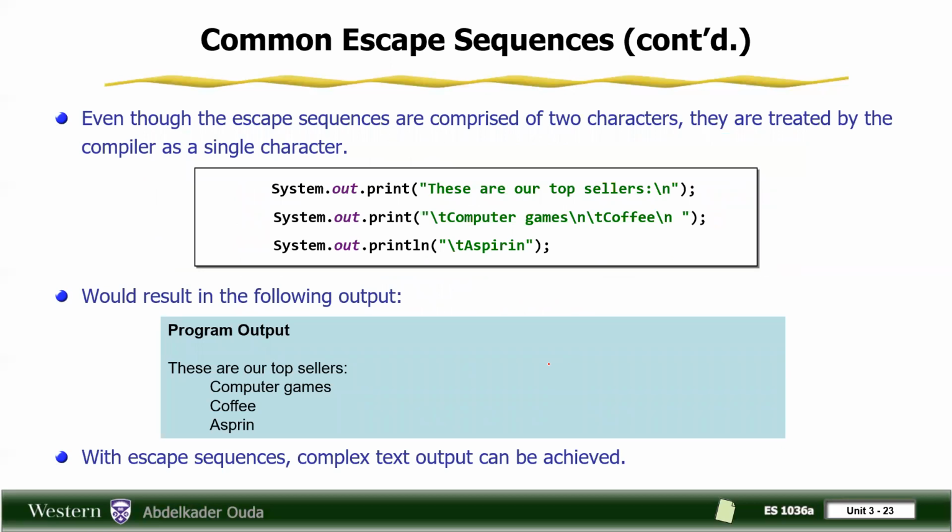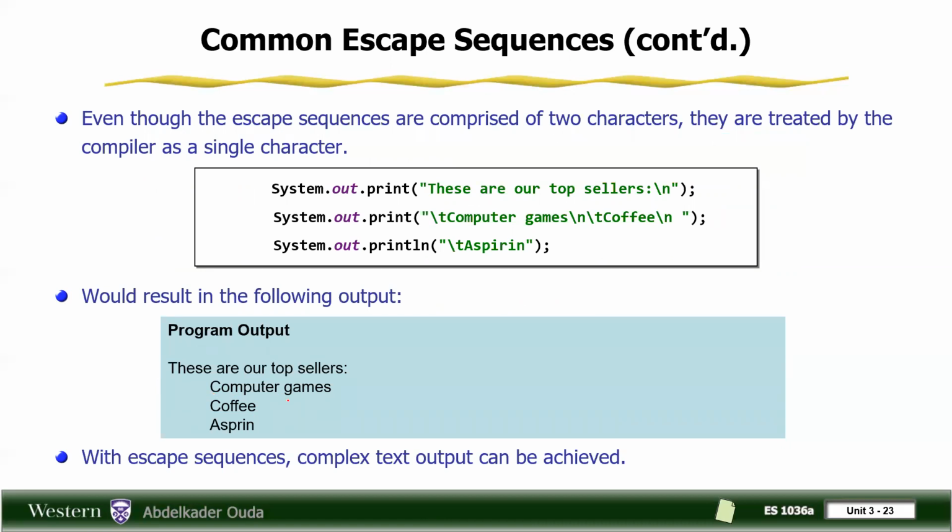Even though escape sequences are comprised of 2 characters, they are treated by the compiler as a single character. System.out.println, these are our top sellers. \n, \t: you see here, \n will move me to the beginning, then \t will give me a tab.